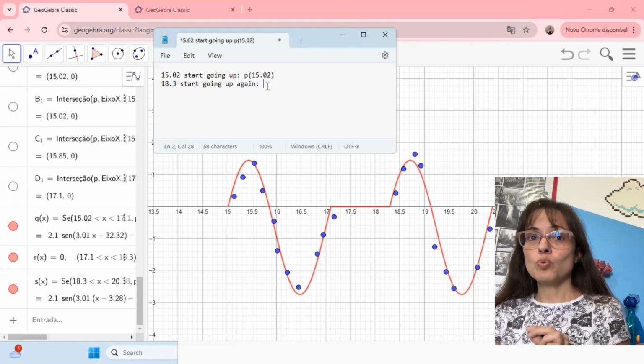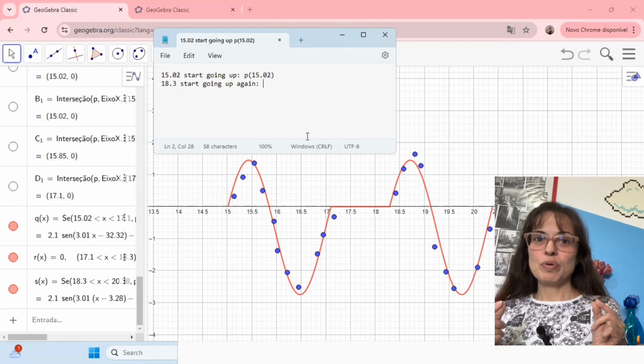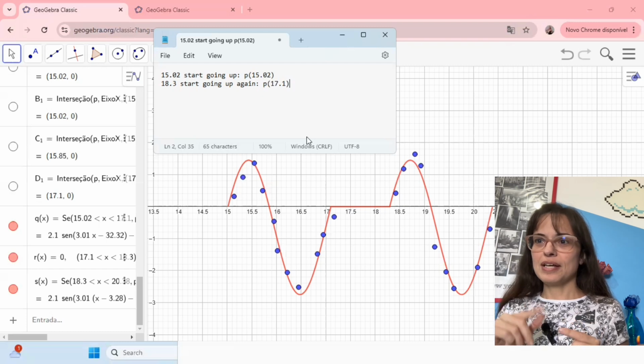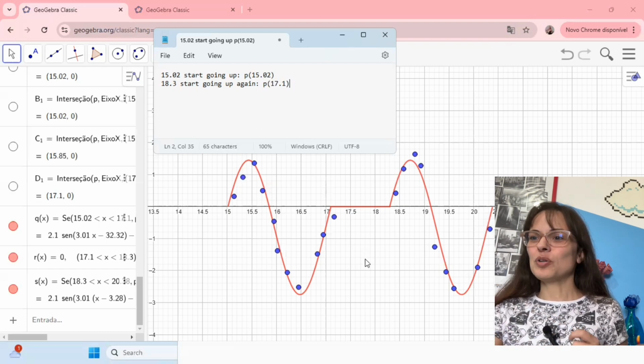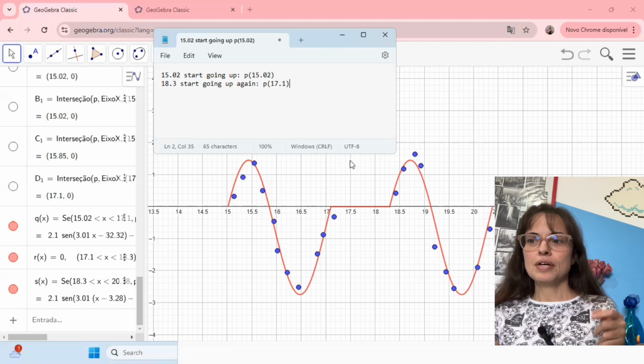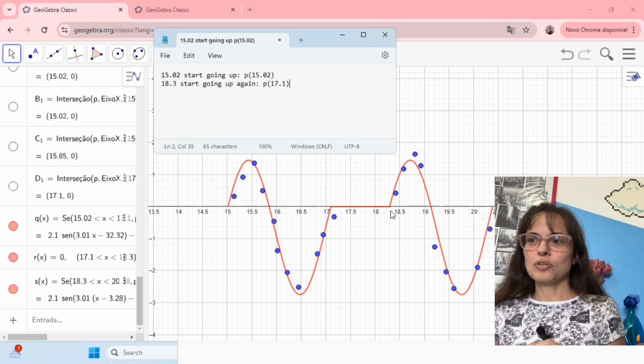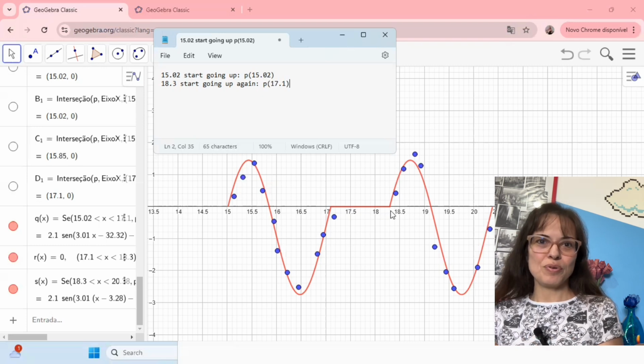But then I don't want it to look like P of 18.3, because that is not the period of P. The period of P is smaller. So I want it to look like P of 17.1, which is where it would naturally have started going up again. But I want to make it wait and then only start going up at 18.3.